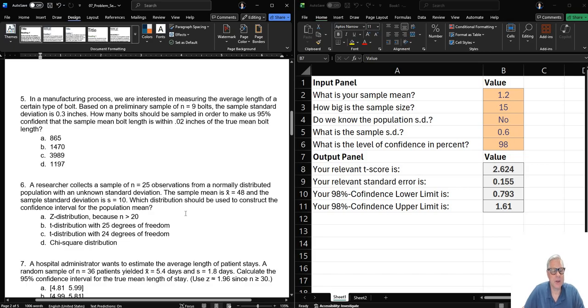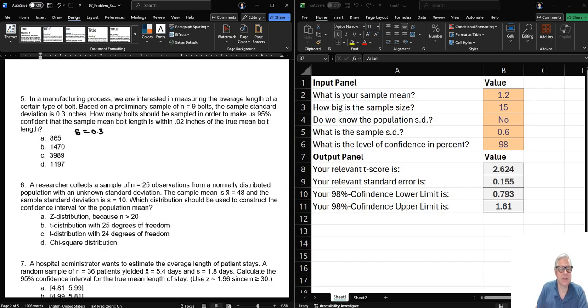Okay, so now we have another question. In a manufacturing process, we are interested in measuring the average length of a certain type of bolt. Based on a preliminary sample of n equals 9 bolts, the sample standard deviation is 0.3. Okay, so let's get this information here. The sample standard deviation is 0.3. That's an estimate.